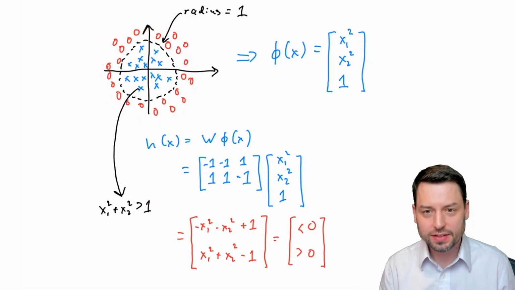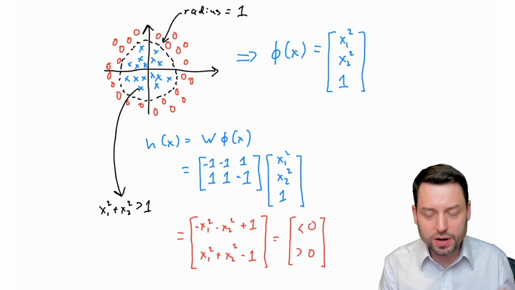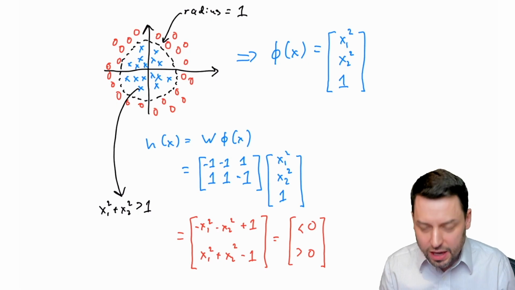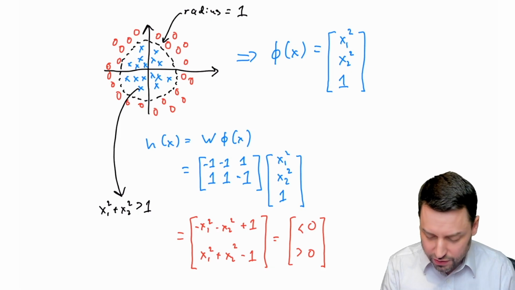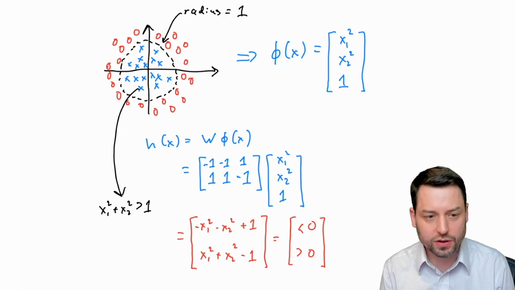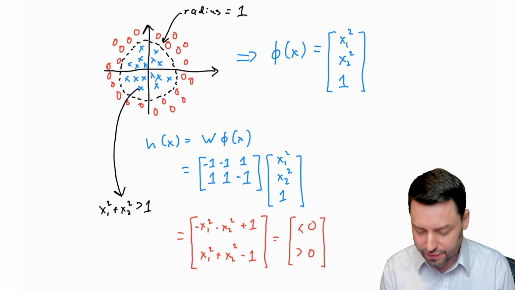And again, this is a particular example. I don't want to dwell too much on it, but the key point I want to make is that when you introduce a linear function with features, you are able to represent more complex functions.